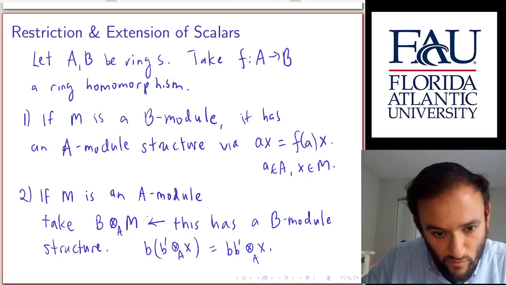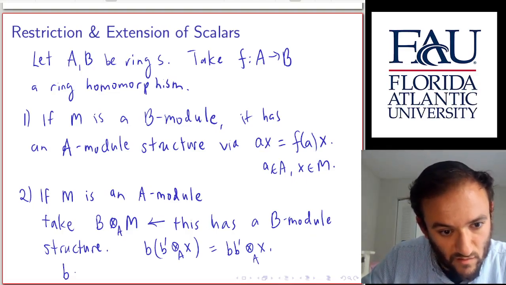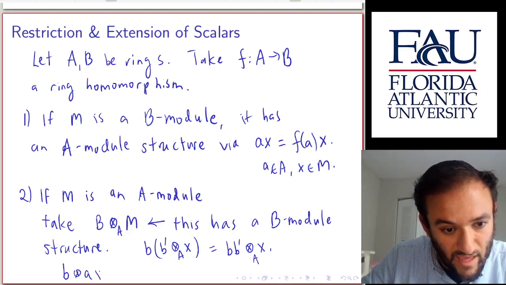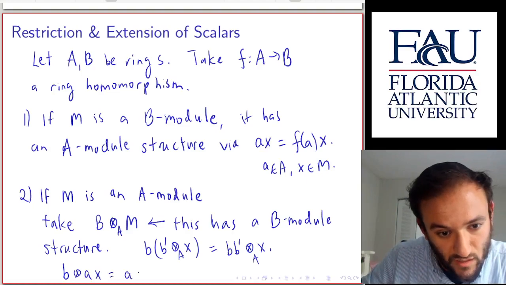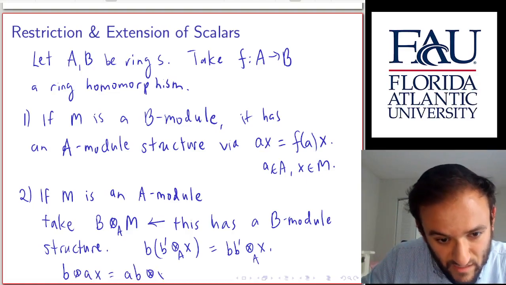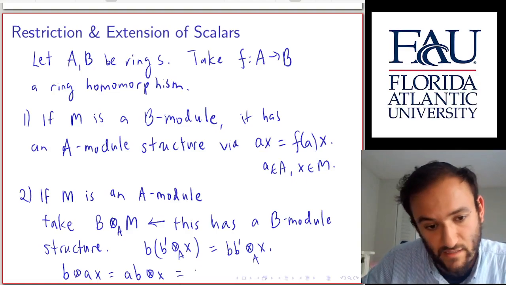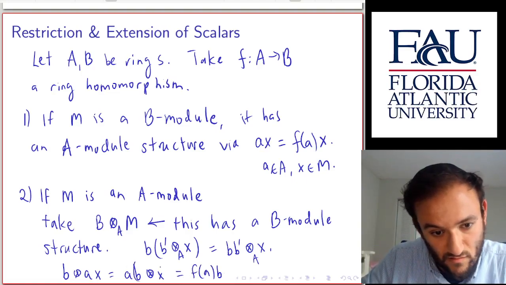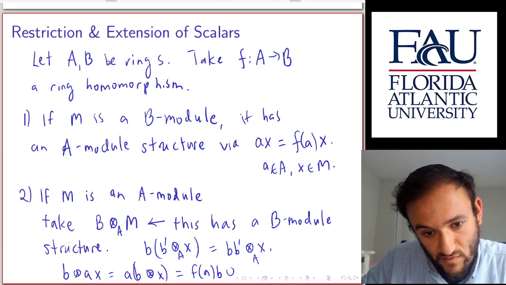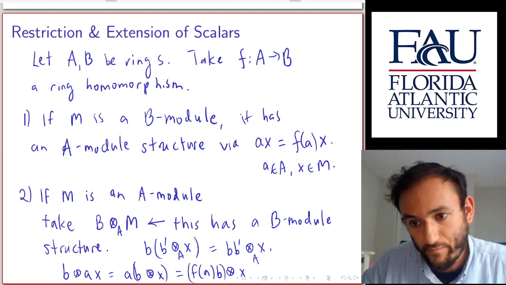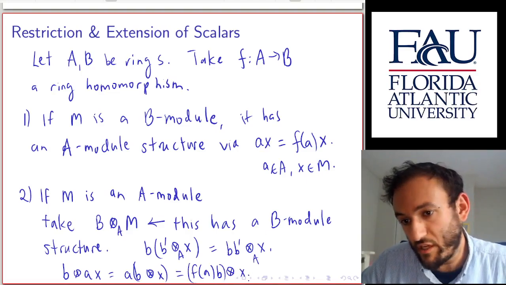In particular, we would have b tensor ax would be equal to ab tensor x, which we would define as f of a times b tensor x. Okay? Because we want the multiplication to happen in B.